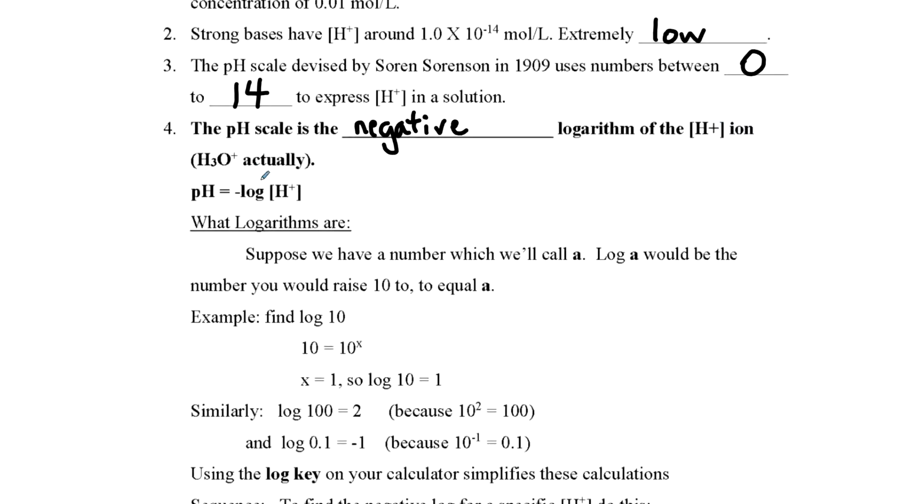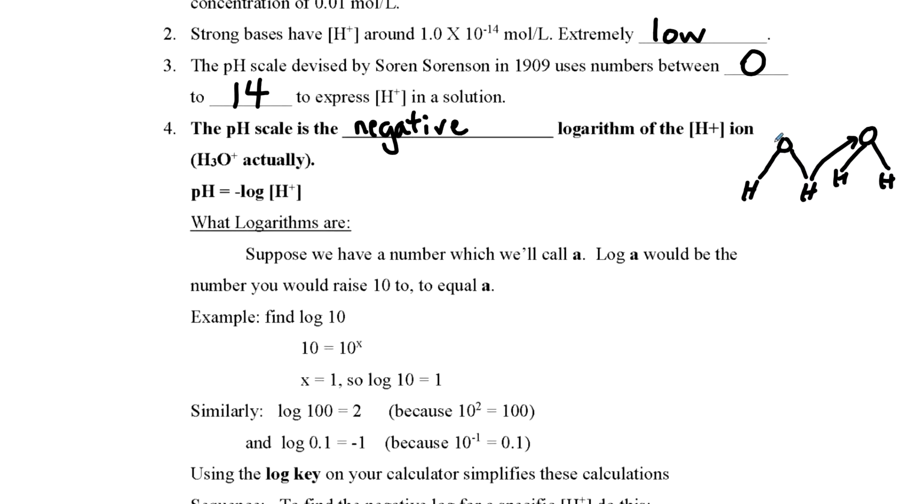In reality, when we say hydrogen ion concentration, it's actually the hydronium ion. If you remember what happens when water dissociates, one of these hydrogens zips over and makes an H3O plus and leaves an OH minus.